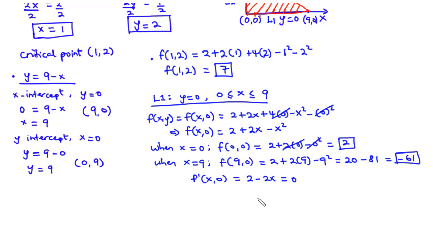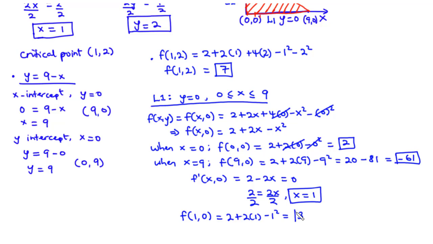So 2 equals 2x, we divide through by 2, and x is equal to 1. Now we put this value back into the function, so f(1, 0) is 2 plus 2 times 1 minus 1 squared. 2 plus 2 is 4, minus 1 is 3. Therefore f(1, 0) is equal to 3.